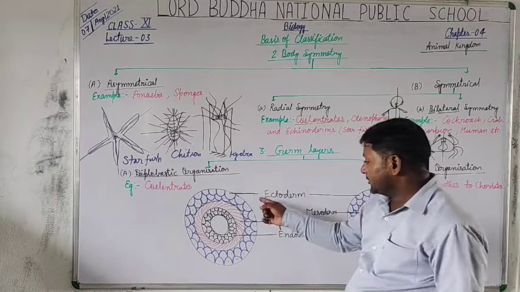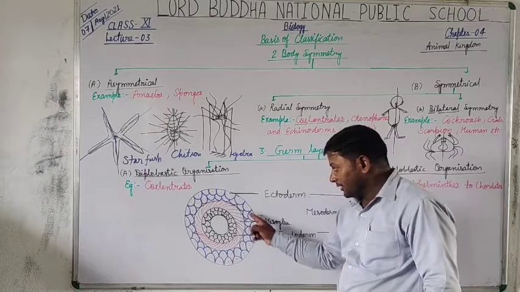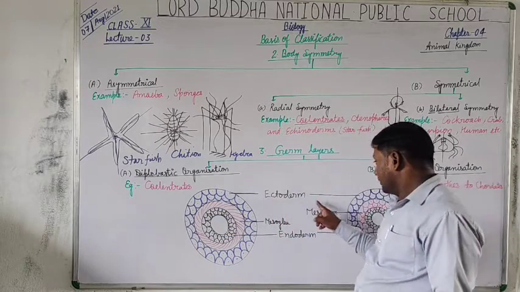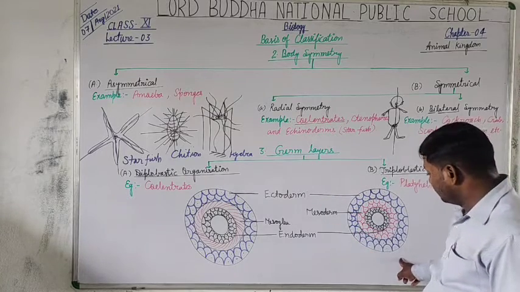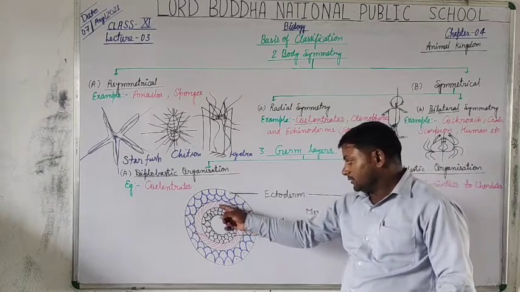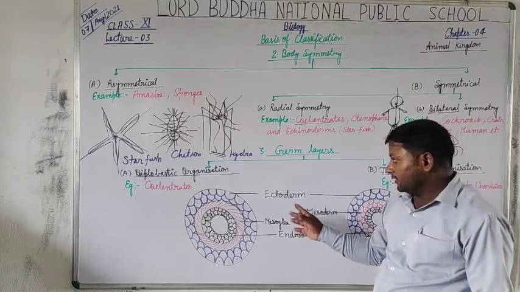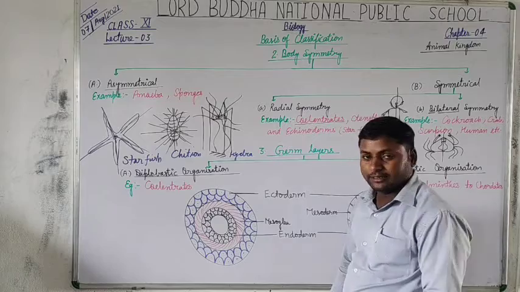The bluish colored cells are the aggregated ectoderm in both diagram 1 and diagram 2. And the red color is the middle layer, and in diploblastic organisms this layer is a false layer.